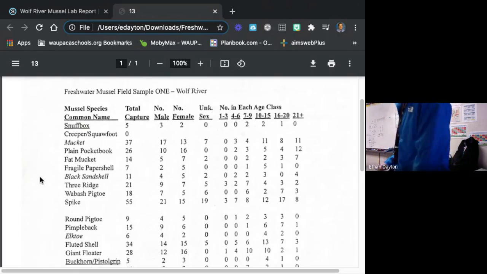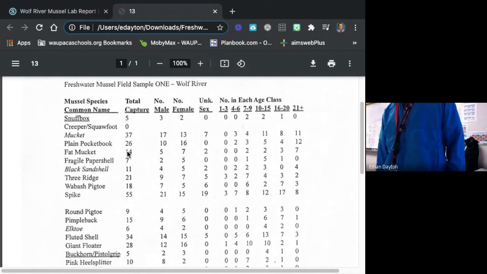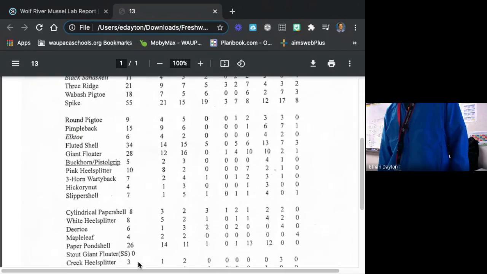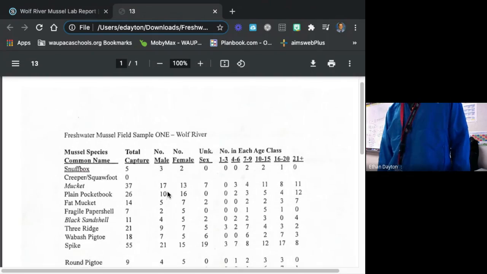Then you have to go through the columns one by one. We have in the first column the total number that was captured. You move one column over: the number of males that were captured of this species. So let's start with the snuff box, the first one. 5 total were captured. 3 male were captured.